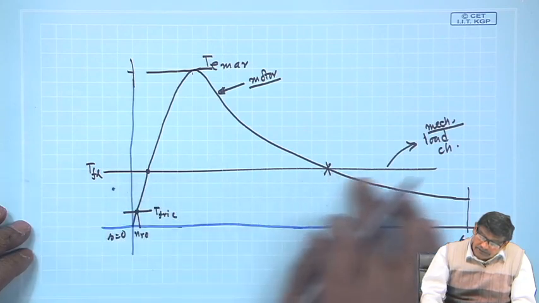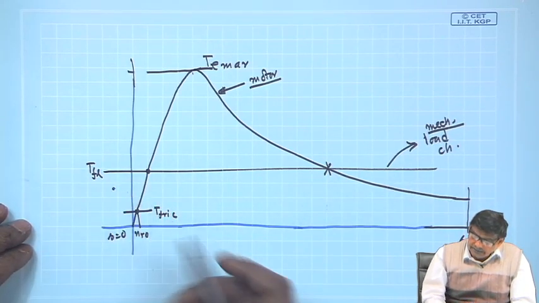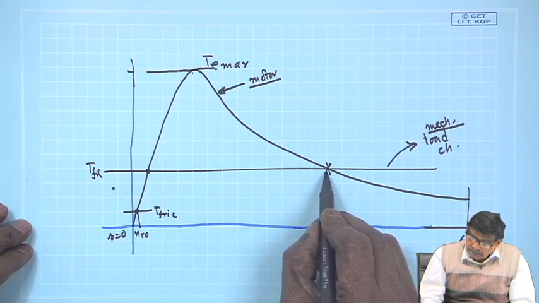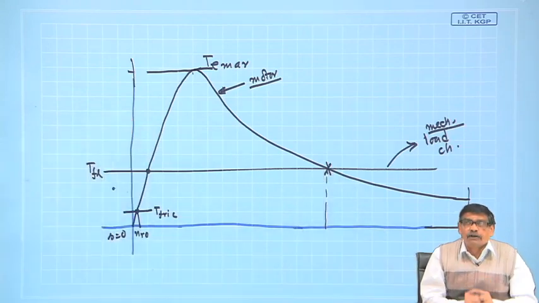So, suppose this is the full load torque, and let us for argument's sake assume that the motor is somehow settled down at this point.